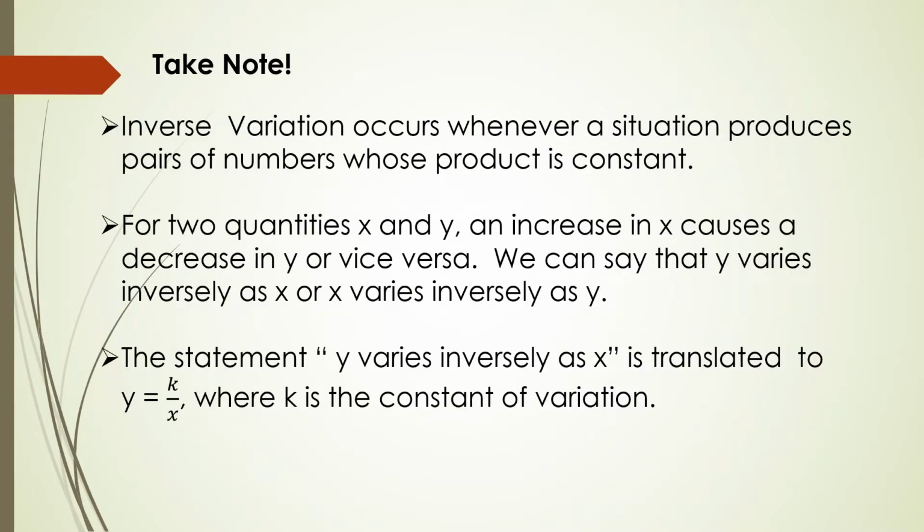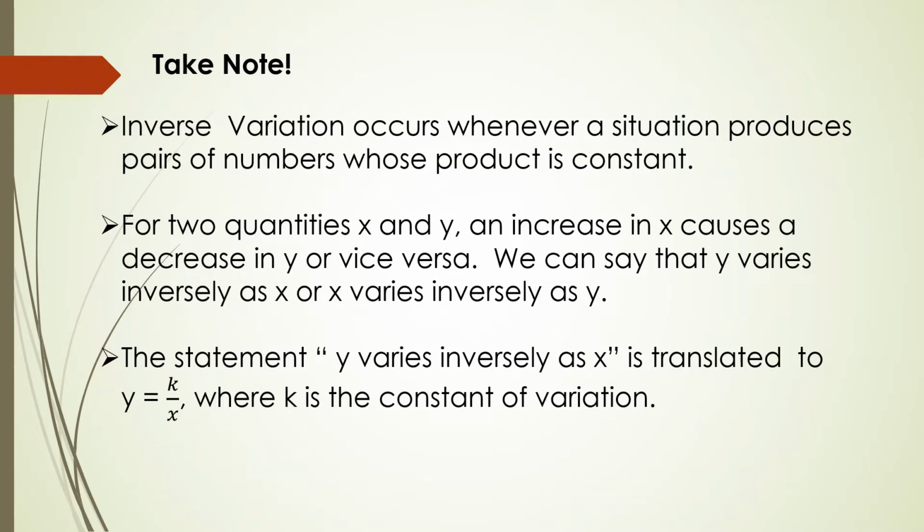From the example that we have, we can say that inverse variation occurs whenever a situation produces pairs of numbers whose product is constant. For two quantities x and y, an increase in x causes a decrease in y, or vice versa.